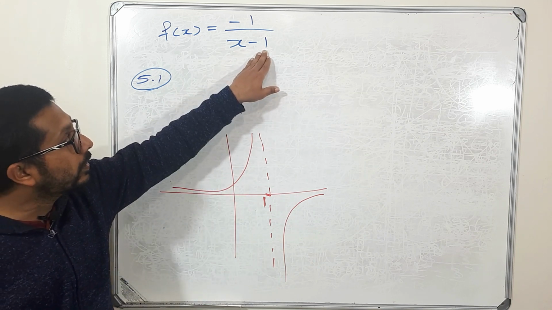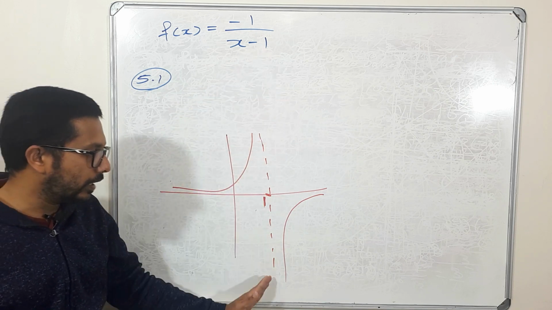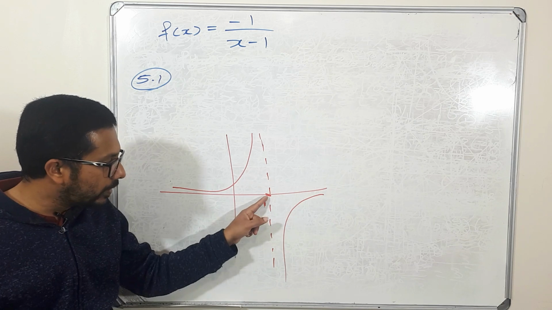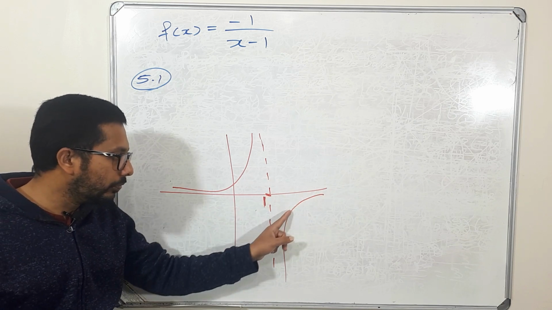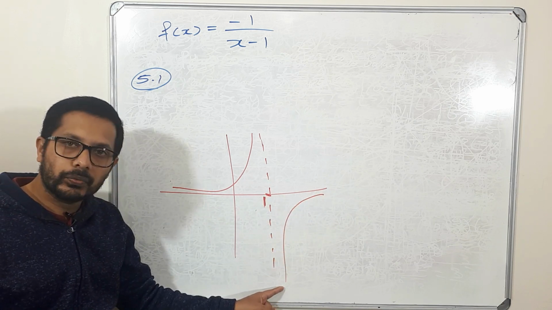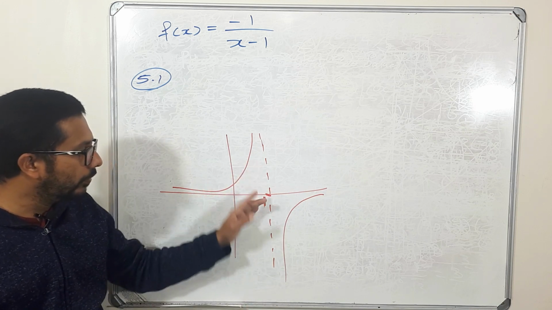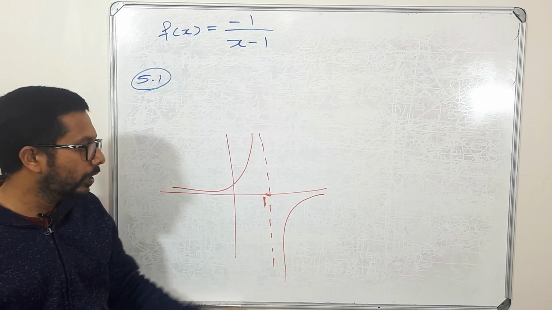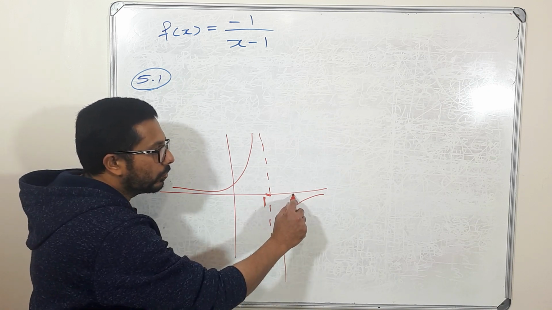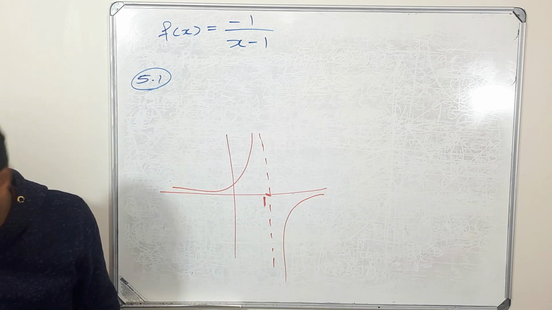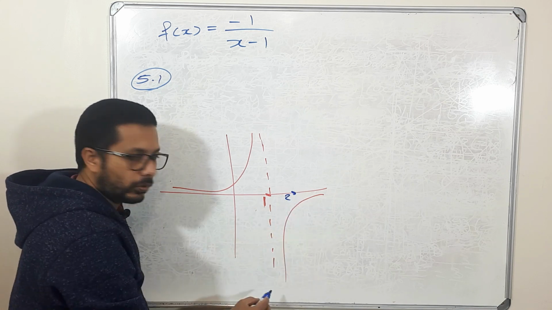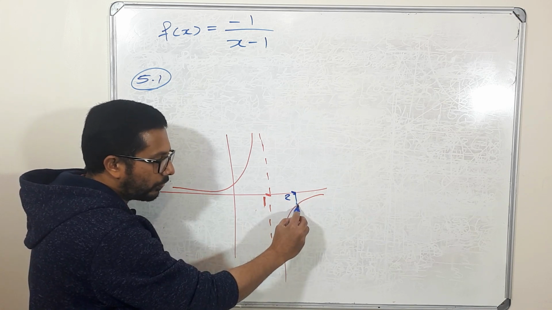x is equal to positive 1 is the asymptote. So what is the meaning of that? When x is equal to 1, you can't find any value on the graph. You understand? When x is equal to 1, is there any graph? There is no graph. But if I take x is equal to 2, let's say this is my 2, I can find a point on the graph.